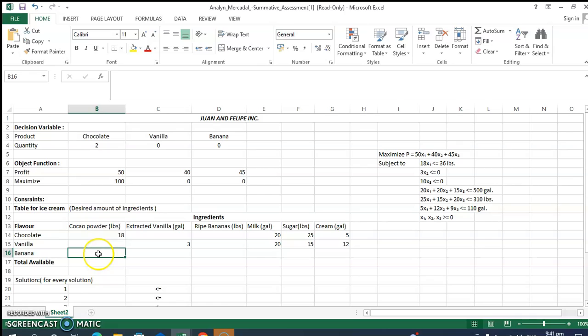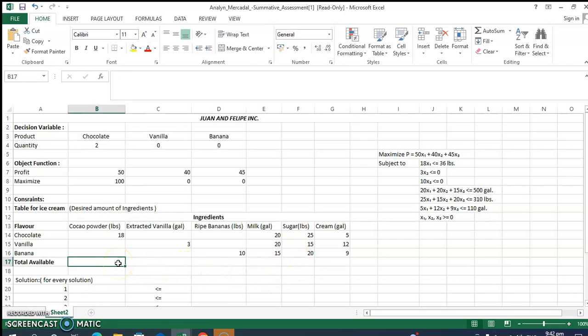And for banana, it needs 10 pounds of ripe banana, 15 gallons of milk, and 20 pounds of sugar, and 9 gallons of cream.